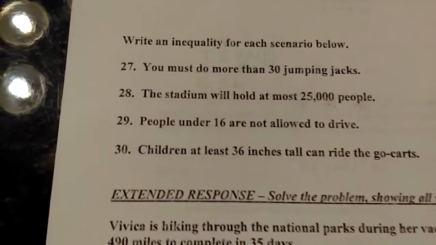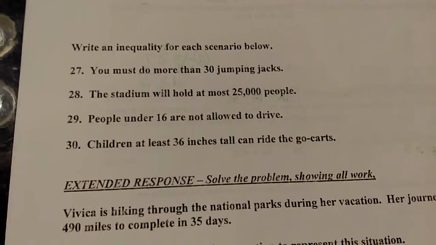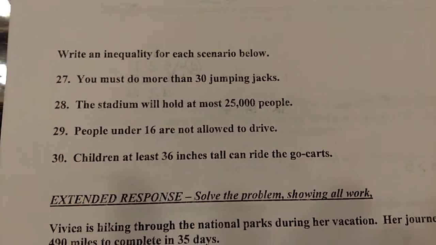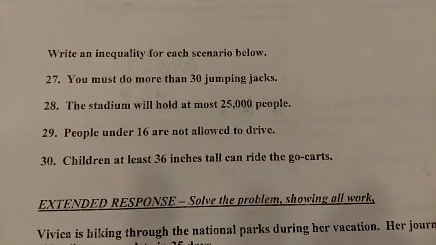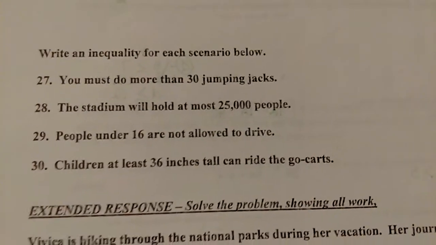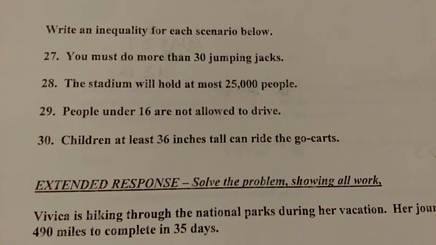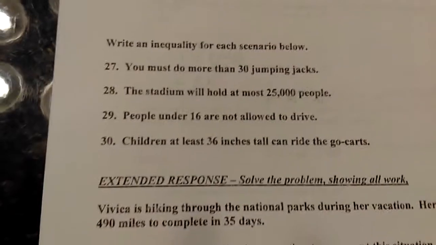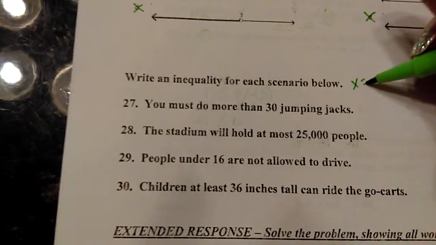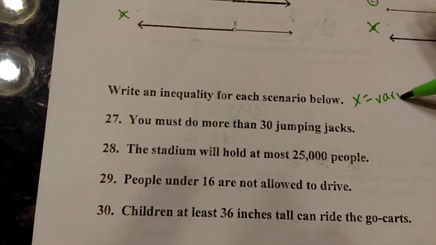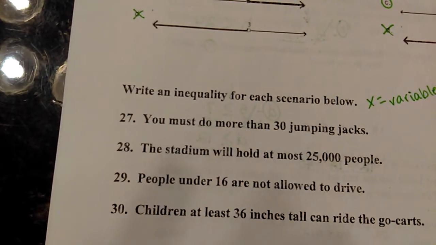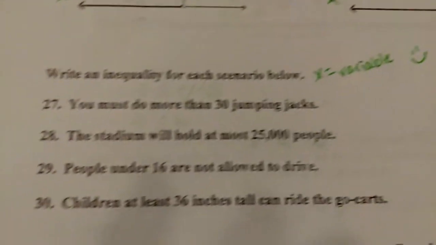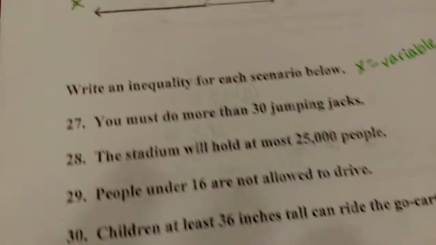All right. So this says write an inequality for each scenario below. You must do more than 30 jumping jacks, is what 27 says. So just for the sake of everyone being on the same page, let's use X for a variable. So you must do more than 30 jumping jacks.